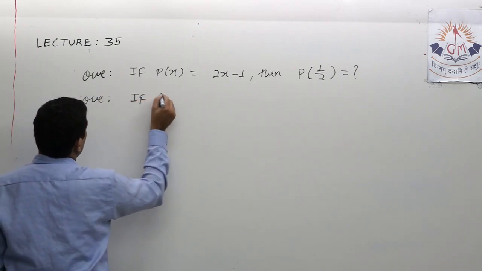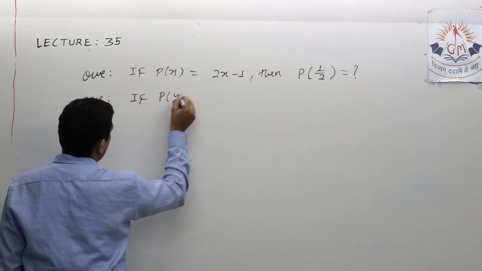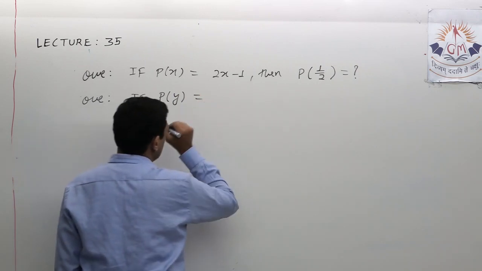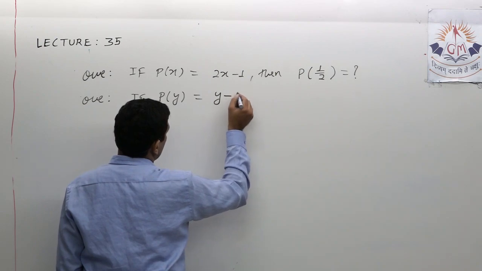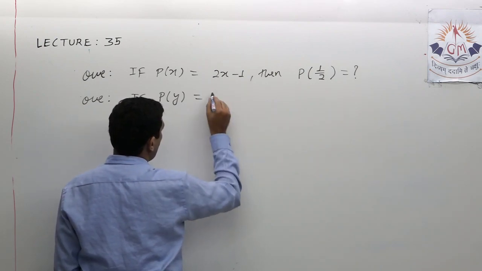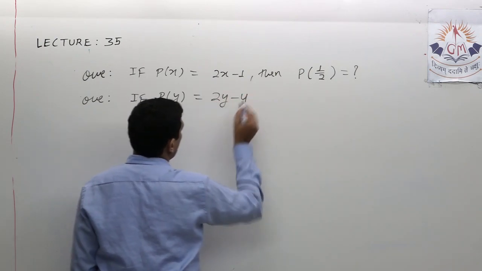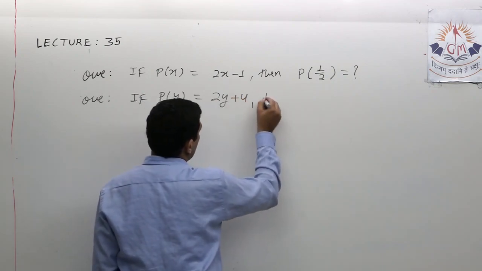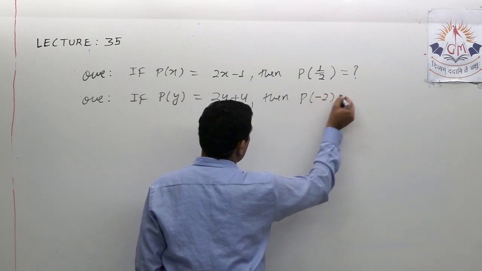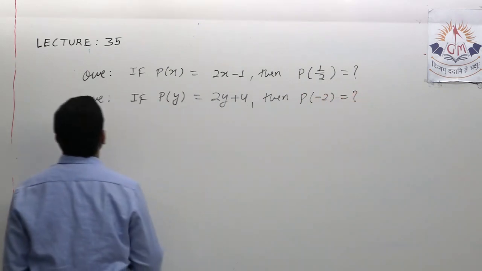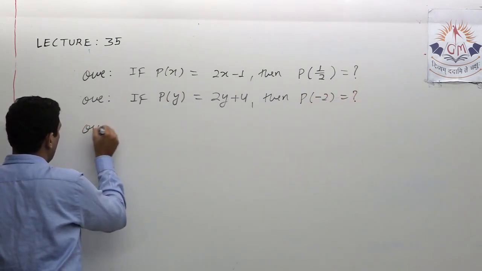If p of y is equal to 2y plus 4, then find the value of p of minus 2. Okay, let us see one more question.